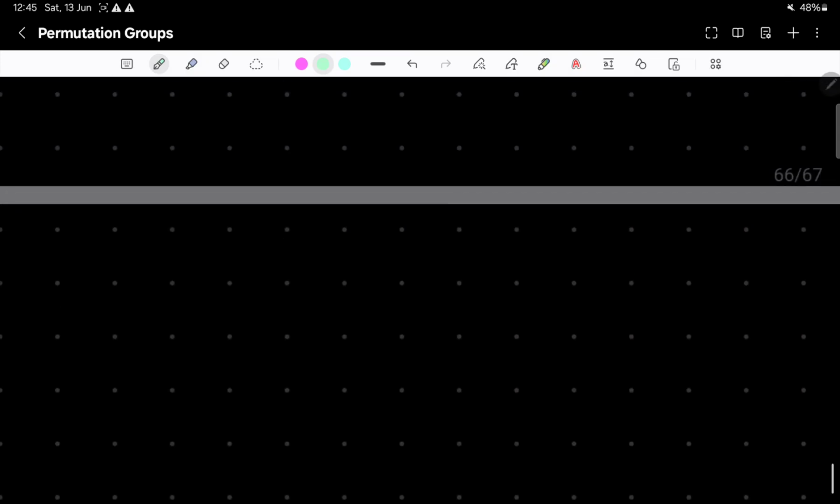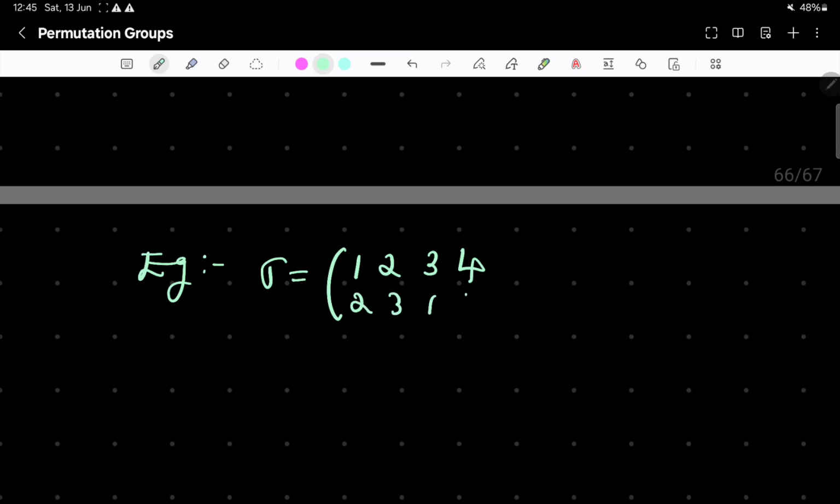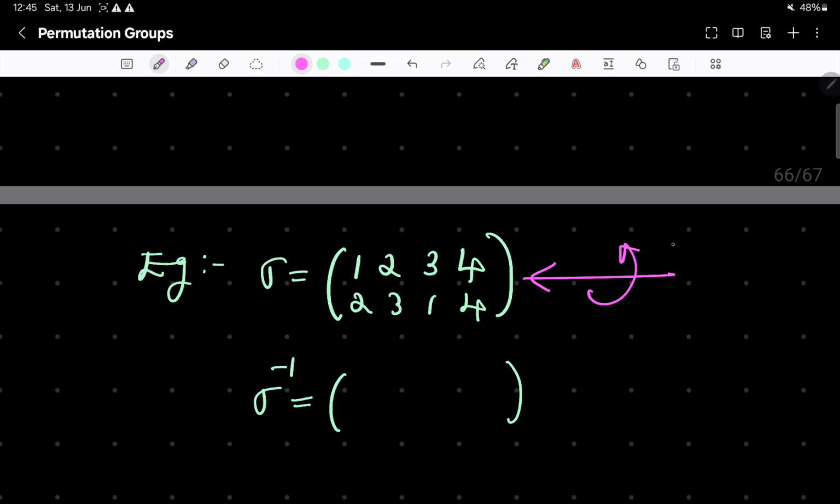For the inverse part, I want to give you an example first, to find the inverse of sigma. Suppose you have a permutation like this. So what is the inverse? For the inverse, what you have to do is just flip this. What I mean by flip is just rotate it.